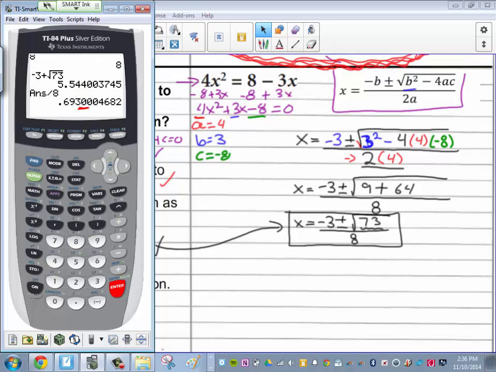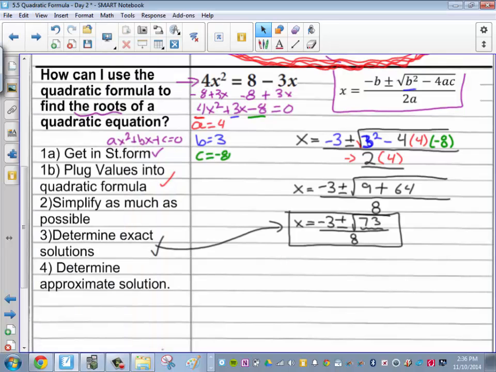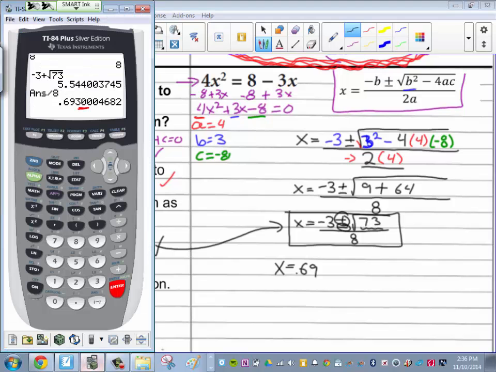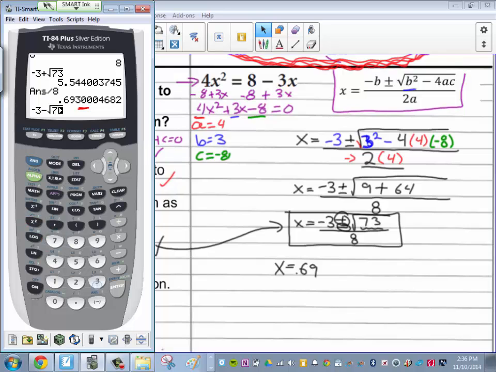So one of my solutions, I got x is equal to 0.69. That's one of my solutions, okay? And now we have to do the other one. We did the plus part of it, now we have to do the minus part of it. So I got negative 3 minus the square root of 73, enter, divide that by 8.